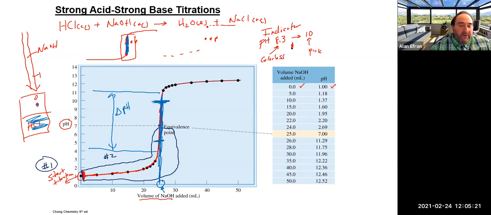Visually, you started over here in the colorless range, you add that one drop, and you jump way over here to that dark pink range. And that's why you see that really big change in the color, even though if you were really careful and only added one drop, you're really still close to the equivalence point. Any questions on why you see that big change that sometimes occurs when people do it?